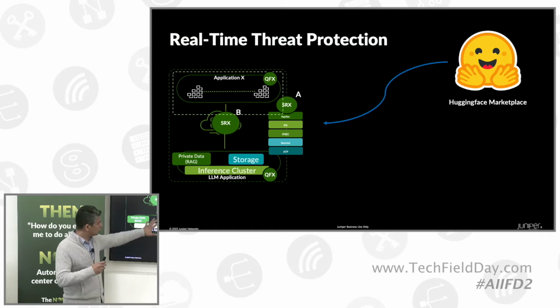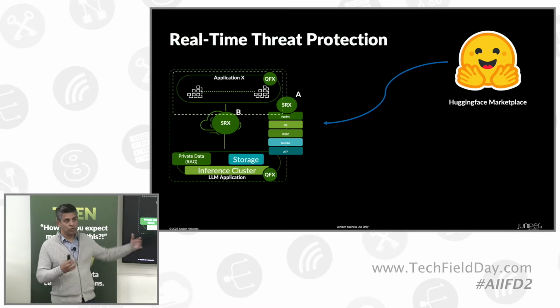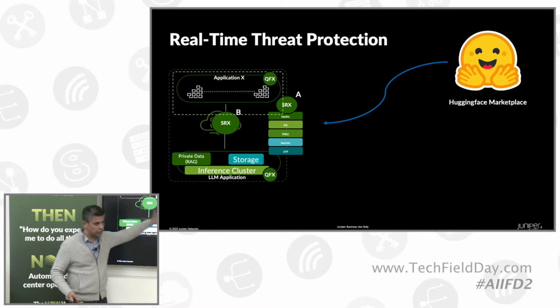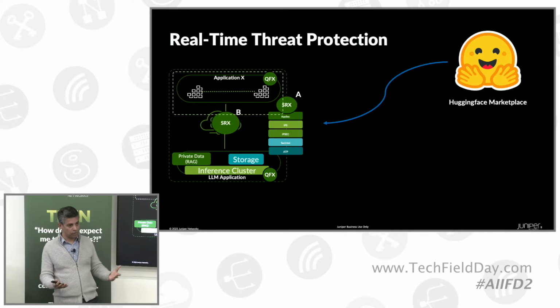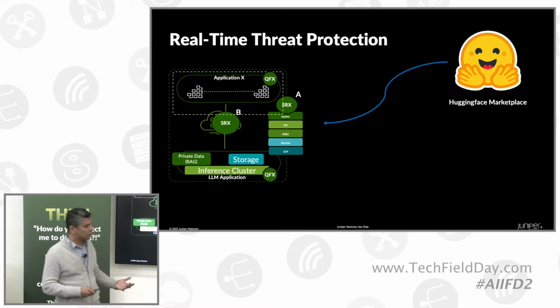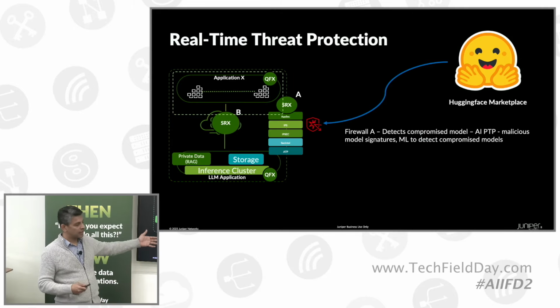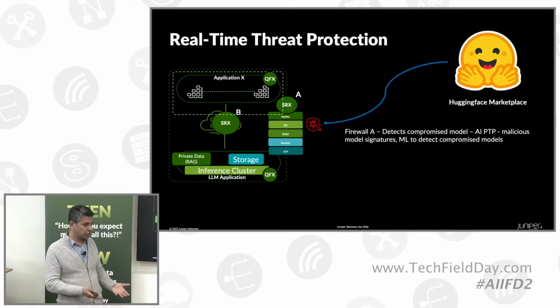And just to set this up, we are using two of those four use cases I mentioned earlier. You're using a data center perimeter firewall, and you're using a data center core firewall. And if you're downloading a model that is compromised, that firewall is capable of detecting a compromised model. We've built a machine learning algorithm onto the firewalls itself that is capable of looking at indicators in the file that is being transferred.